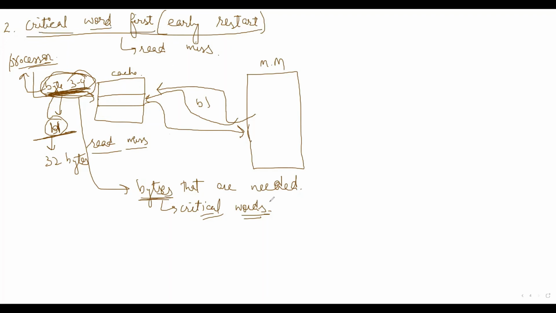Get the bytes that are needed first, get the critical words that are needed first from the main memory, and instead of waiting for other bytes, allow processor to work on those bytes. So as a result, it is also called early restart. Early restart means even before waiting for all the bytes, it will start its job, and this will decrease the read miss penalty.